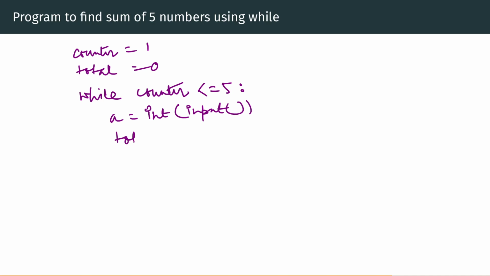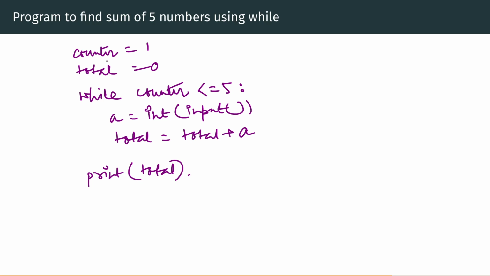And total equals total plus a. Add that number to the total. And at the end, when this is not true anymore, you print total.